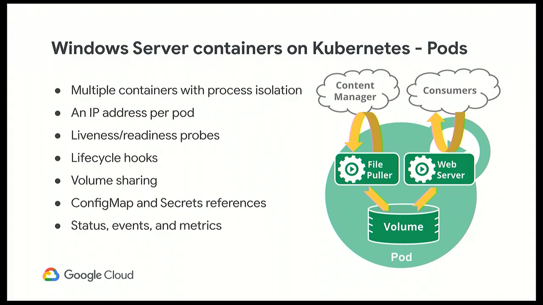Users can customize their pods to use custom hooks or health checks. Also, a pod can access config maps or secrets, which are Kubernetes concepts for configuration or storing sensitive information. And then, of course, you can view the status and get the events and metrics for your Windows pods, as you can do for your Linux pods.